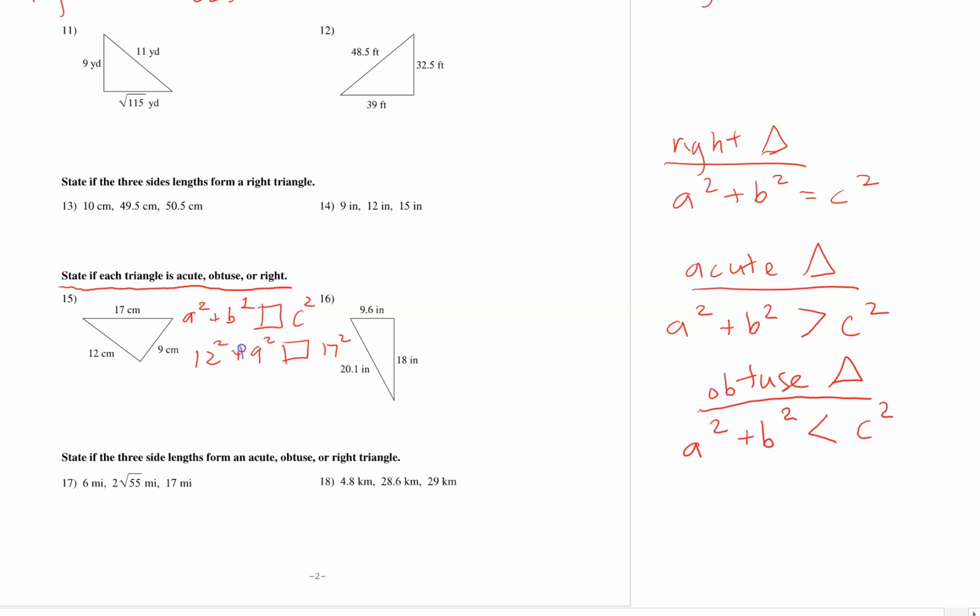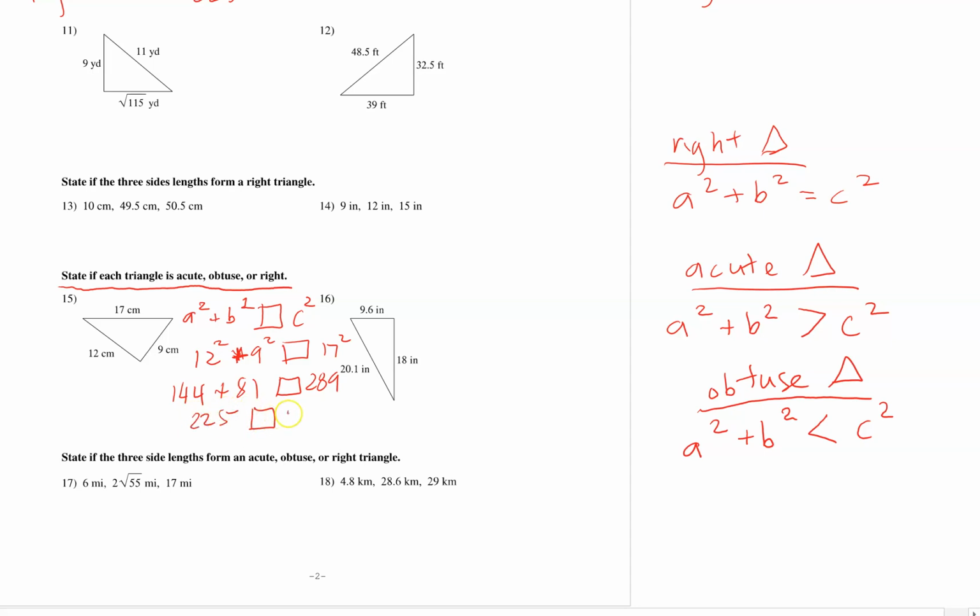I don't know why some of the writing is disappearing, but that's okay. So let's solve it. 12 squared is going to be 144 plus the 81, and then 17 squared is going to be 289. Now add up the left side, so 144 plus the 81 is going to net me 225.